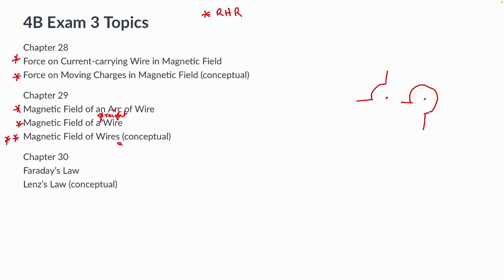Notice that I have split out the part that's got all the directions to it, which is Lenz's law. I'm pretty sure, I probably should have checked this, but I'm pretty sure the Faraday's law one does not have the right-hand rule in it. You're being asked to calculate, I think, the EMF.